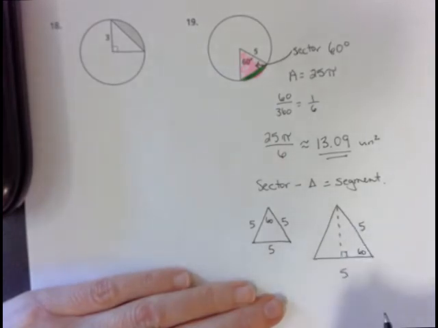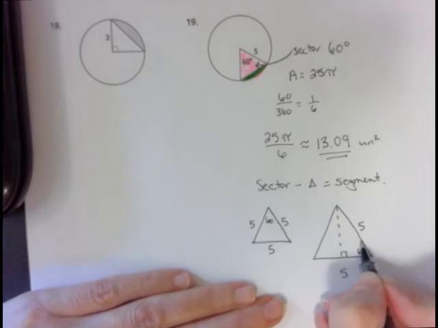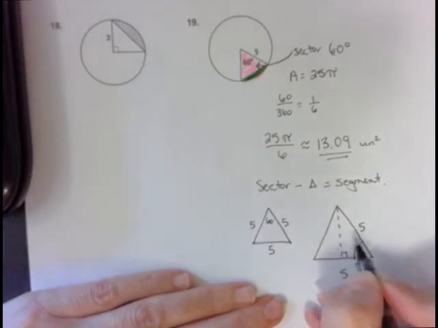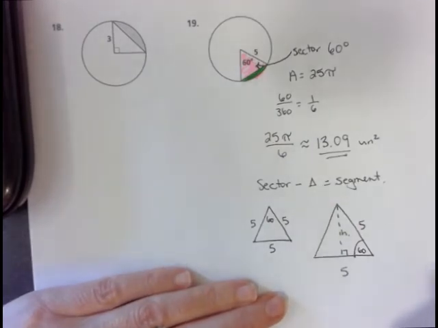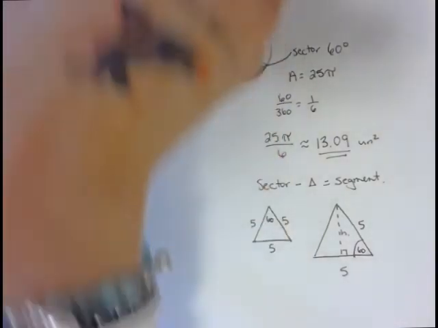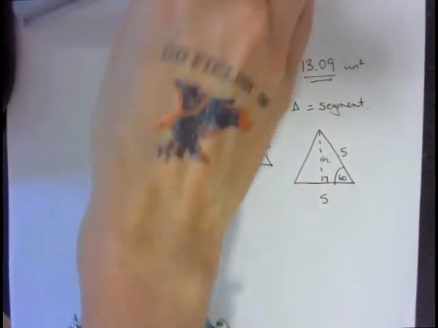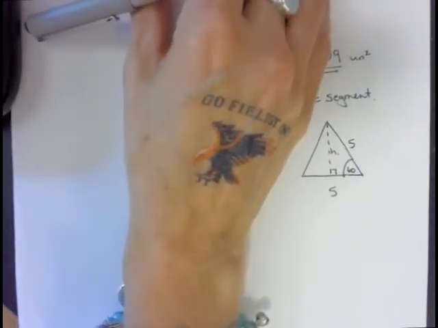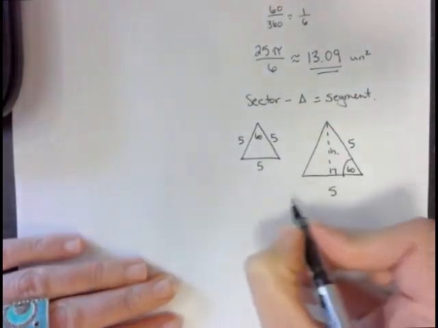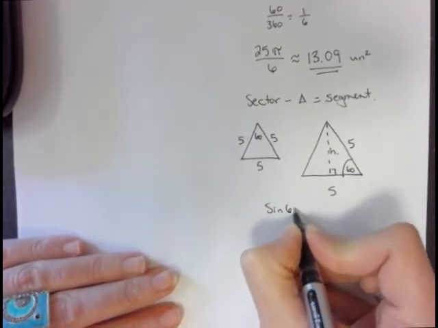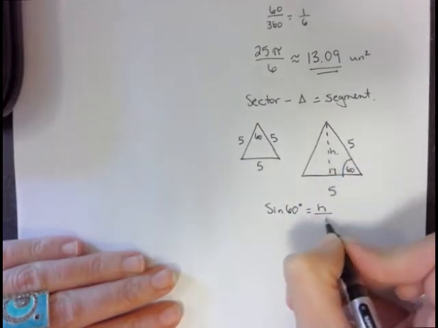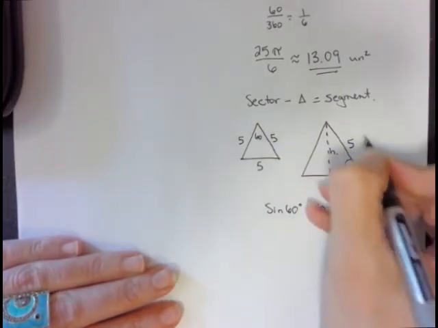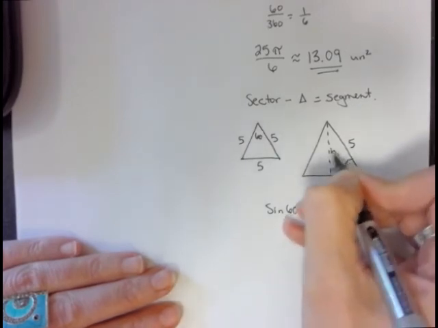So how do I find the height? I can use sine. Here's the height. So we're going back to that trigonometry. Let me adjust that a little bit. So how do we do this? Well, the sine of 60 degrees equals h over 5 because it's the height over the hypotenuse, opposite over hypotenuse.